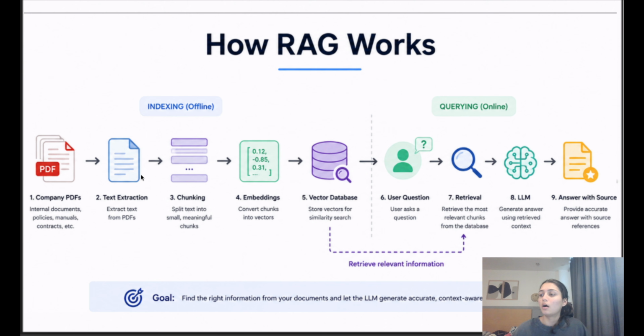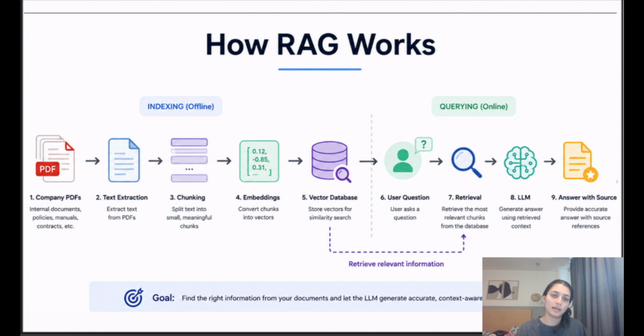The system extracts the text from each PDF so that the content can be processed by the computer. Next step, chunking. The extracted text is split into small meaningful chunks. Let's assume page 1, chunk 1, page 2, chunk 2, and so on. We do this so that the LLM can efficiently search through hundreds of pages.